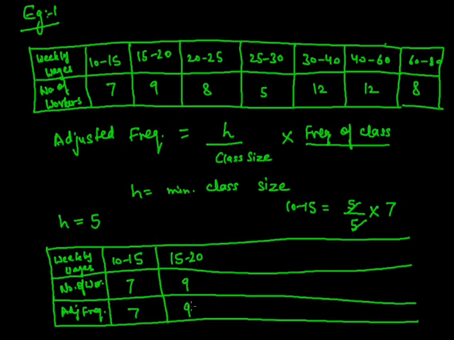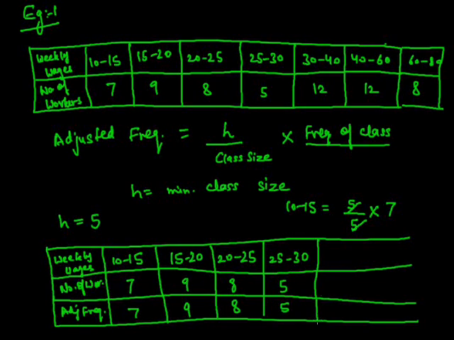If the class size of the particular class is the same as the minimum class size, then the adjusted frequency will remain the same as the frequency. For 20 to 25, the class size is again the same as the minimum class size, so the adjusted frequency is the same as the frequency, that is 8. For 25 to 30, the class size is again the same as the minimum class size. The frequency is 5, therefore the adjusted frequency is also 5.